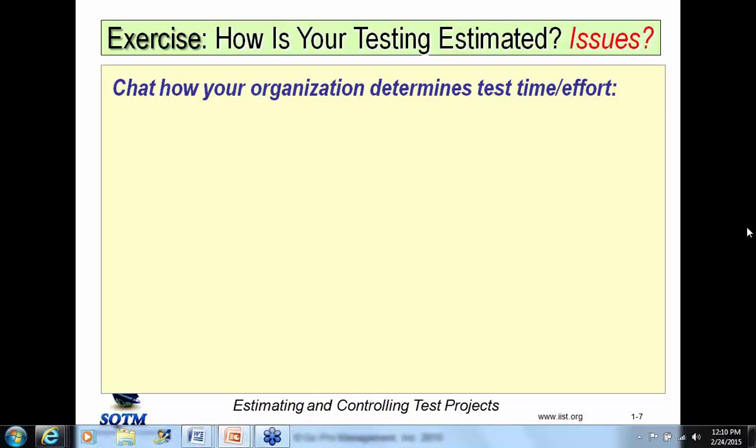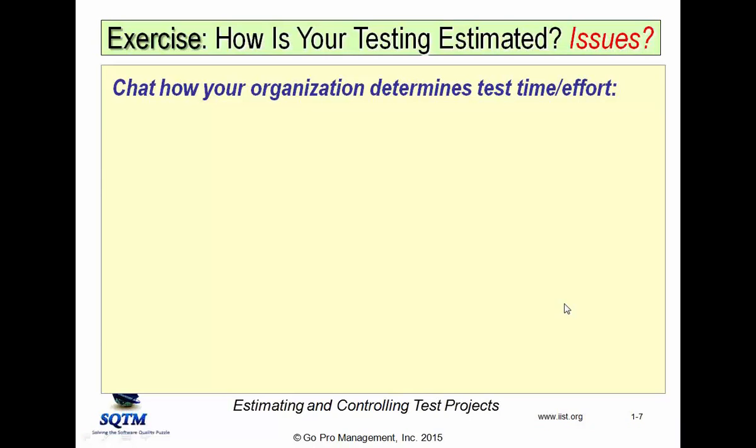Okay. So we're seeing, thank you all, this is really helpful. We're seeing a lot of answers that many of them are based upon taking the development estimate and then applying some kind of a percentage. We saw numbers that range from 20% to 50%, and obviously that creates a much, much, much different situation for the testers.